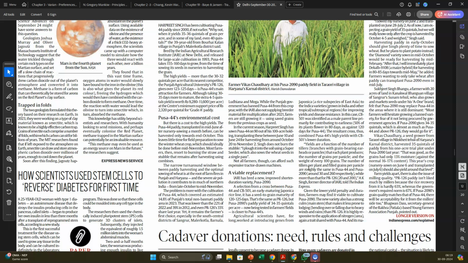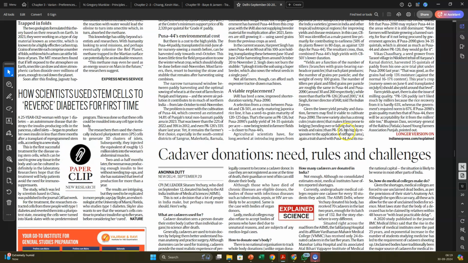But happy seeders are expensive, although they are subsidized by the government, so not all farmers can use them. Because of all of this, the government and the agriculture research institutes have produced this new variety, and in coming times we might get rid of the entire problem of parali. So this is news that you should be aware of.